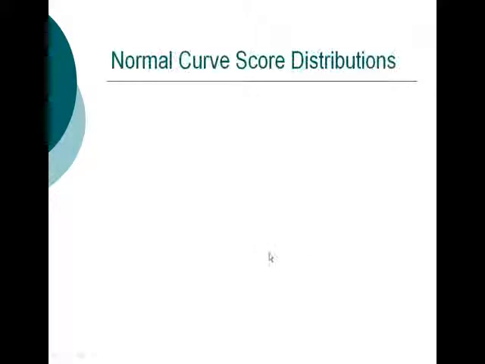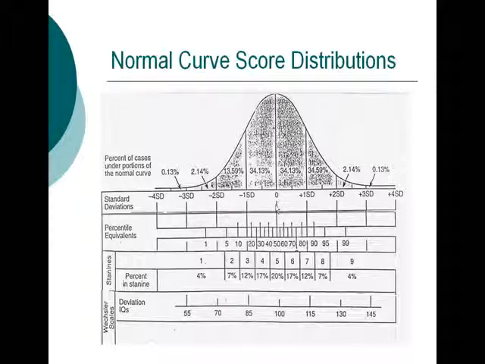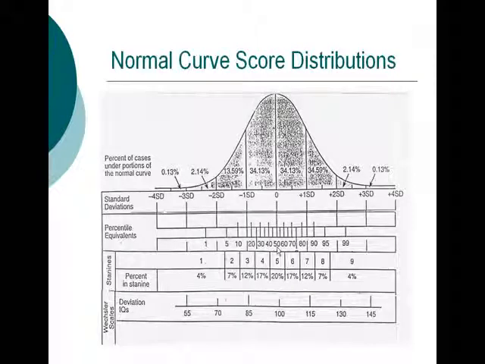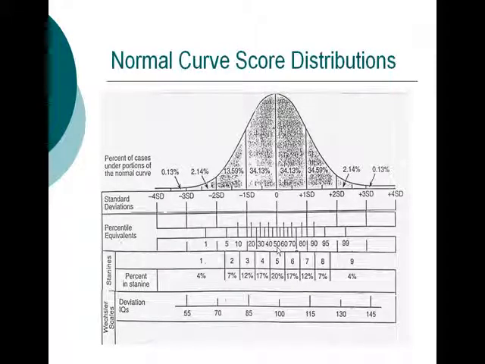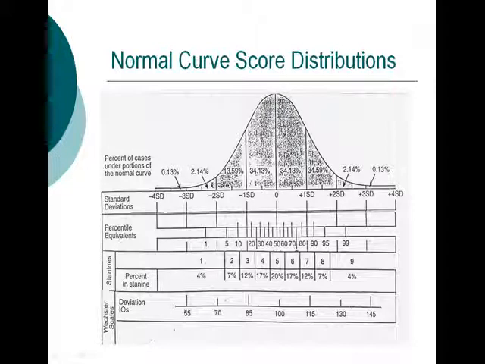But let me talk to you about the normal curve distribution. Notice that right here where it says 0, if you go down, that's the 50th percentile. Notice that on either side of this, there are 34% of the kids. It's a little bit of a fraction above 2, but I don't split kids, I just round it off.